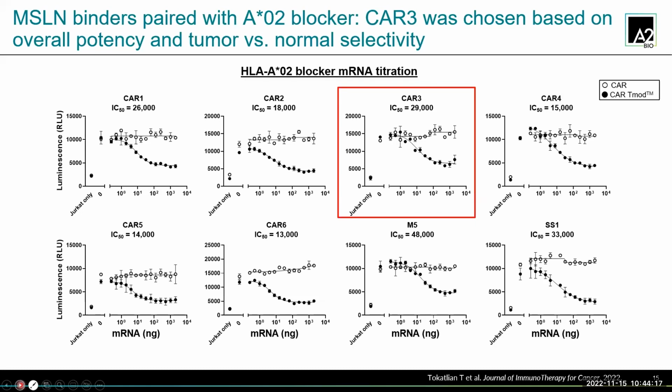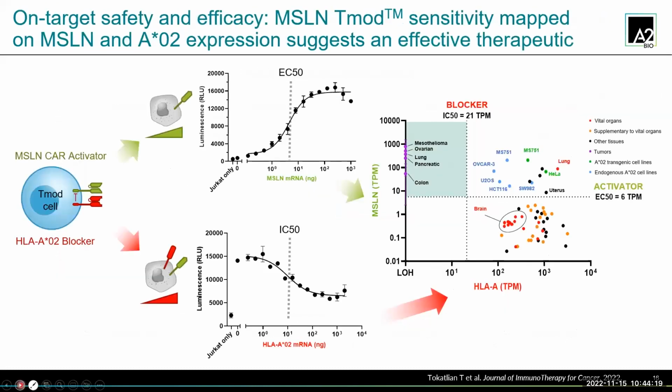We then mapped the sensitivities against normal and tumor cell mesothelin and HLA-A levels attained from either GTEx or TCGA databases to demonstrate that while normal tissues such as the lung express enough mesothelin to be vulnerable to on-target off-tumor attack, so essentially every tissue that expresses more mesothelin than the EC50 of the activator, in the presence of TMOD, the A2 blocker, TMOD should be able to protect the lung and other tissues.